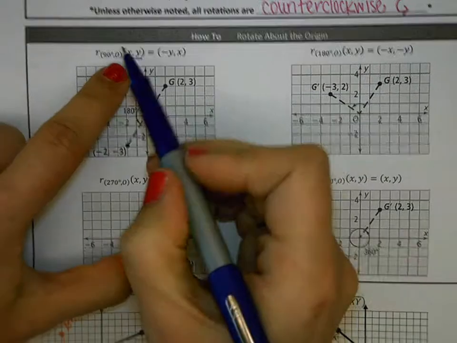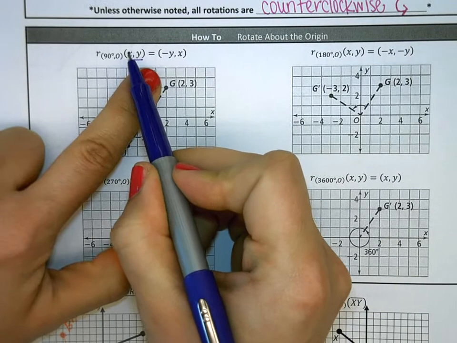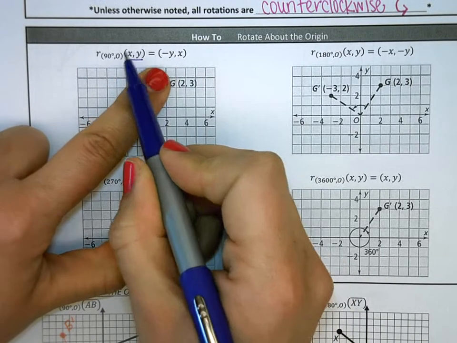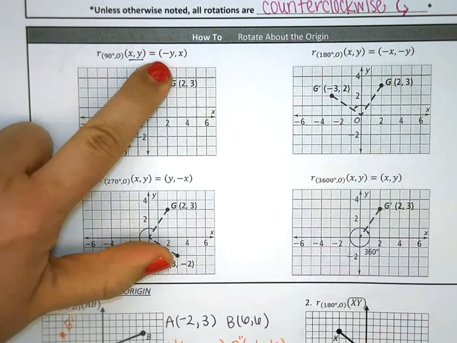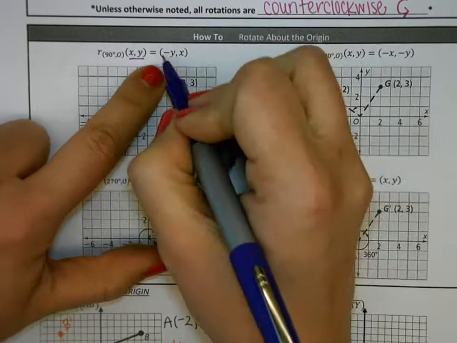When we rotated 90 degrees, we flip-flopped where x and y were, right? So y is in the new x place, and y became negative. If it was already negative, it became positive, so this actually means the opposite.